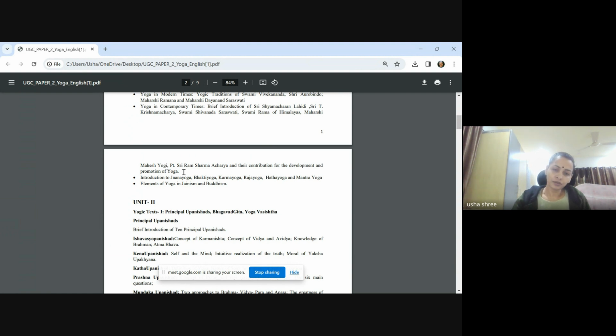Okay, so for this you will have to make comparative charts. You have to really have a good memory to remember the birth dates, the death days, and the gurus, the main works that they've done. The kind of yogic contributions that they've made, the literature that they've written, the books that they've published, all these aspects.